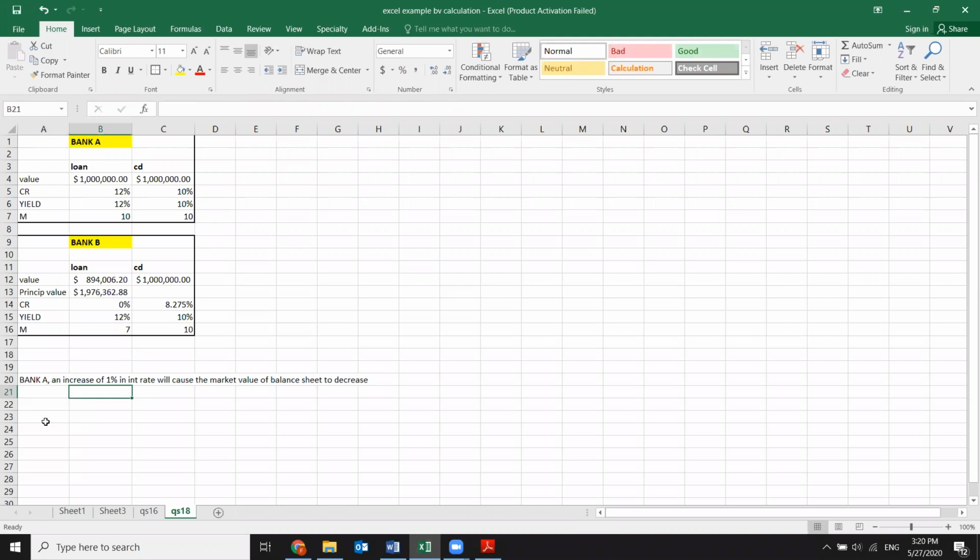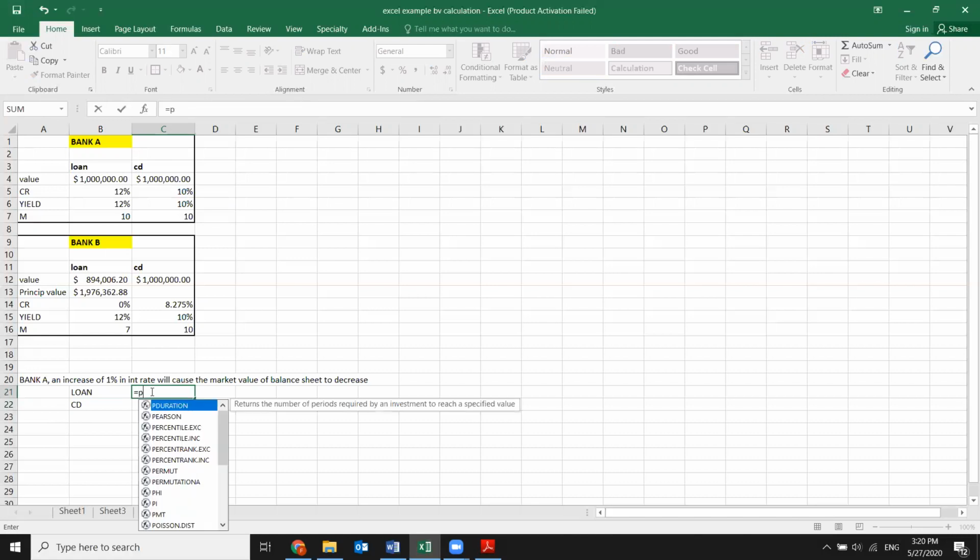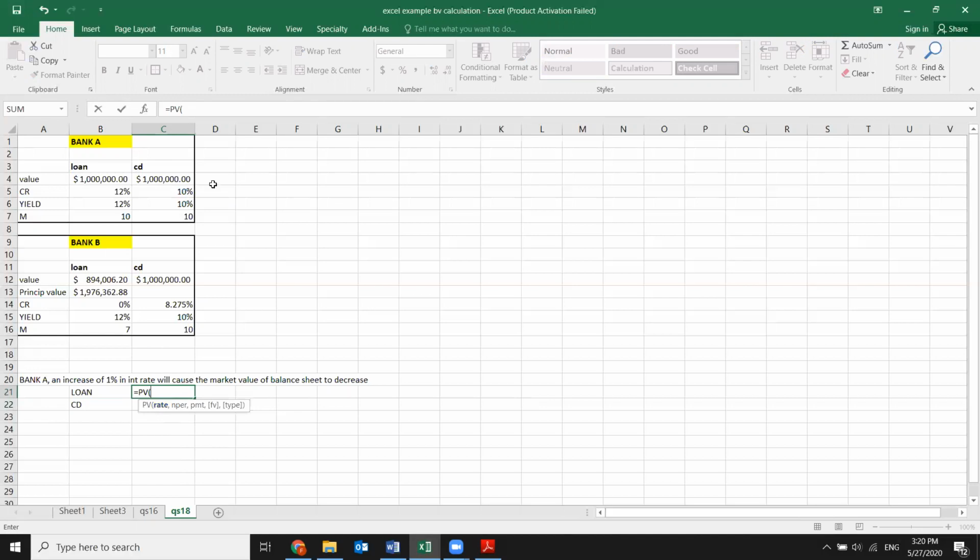Now, first of all, we need to calculate what will happen to the loan, and we have the CD. So what happens to the value of the loan? We're calculating for bank A, okay? While we are calculating the loan, what will happen to the value of the loan once the interest increases by 1%?